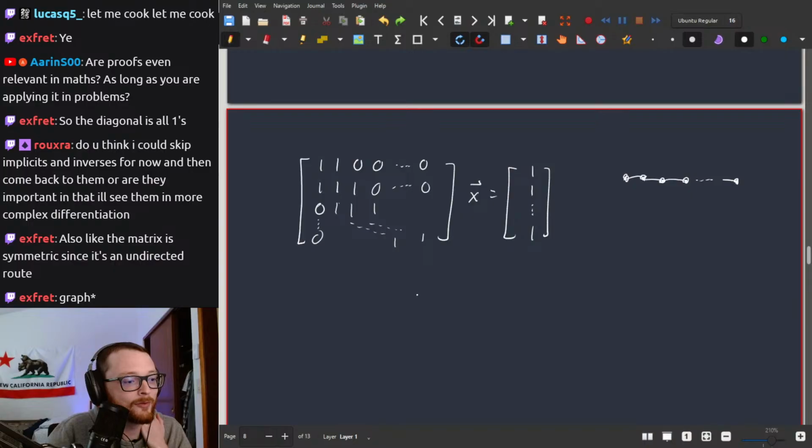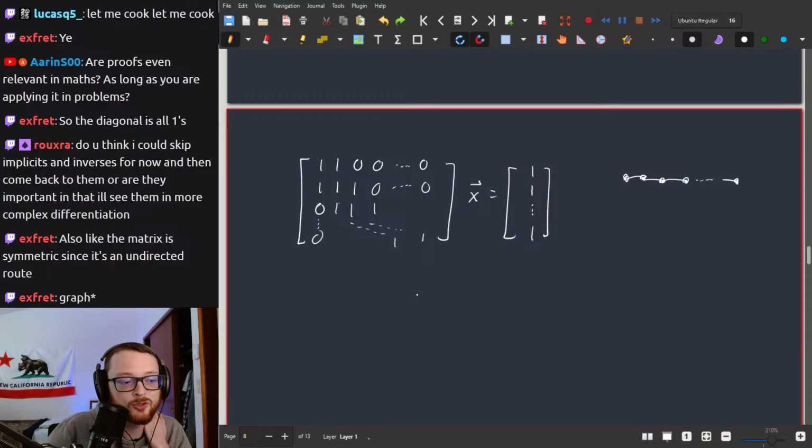Do you think I could skip implicits and inverses for now and then come back to them? Are they important in that I'll see them in more complex differentiation? The inverse one doesn't usually come up all that much. Implicit depends on the structure of the class. They usually like to ask a lot about implicit differentiation, though, in my experience.